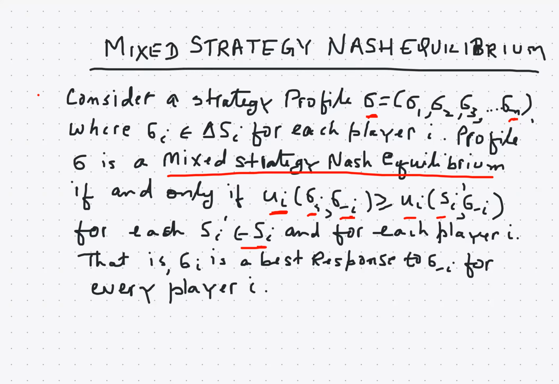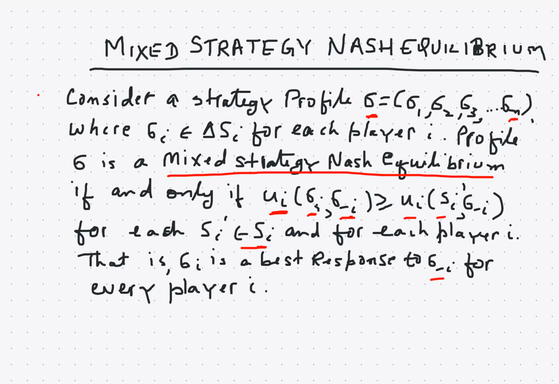In other words, sigma i is a best response to sigma sub minus i for every player i. So in simple words, it means that the mixed strategy for player i is a best response to the other players' mixed strategy, sigma minus i. So they should match basically. That is the idea, right?